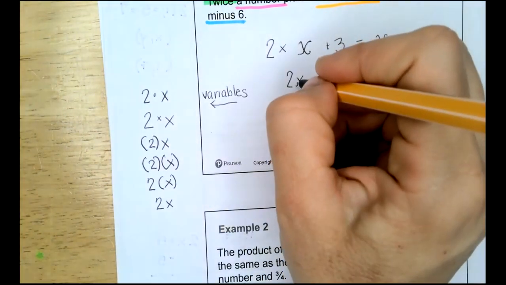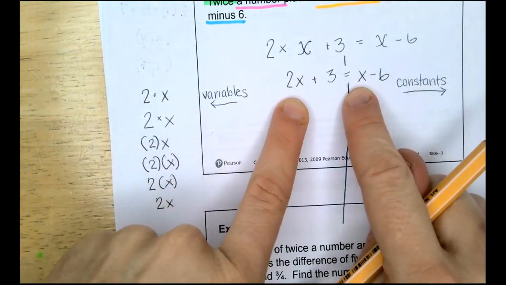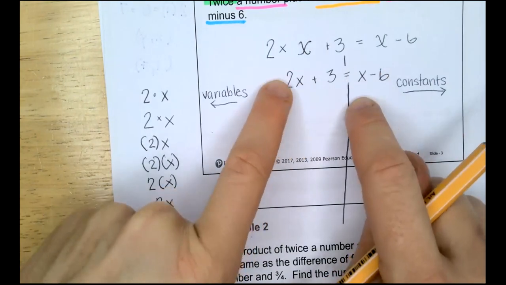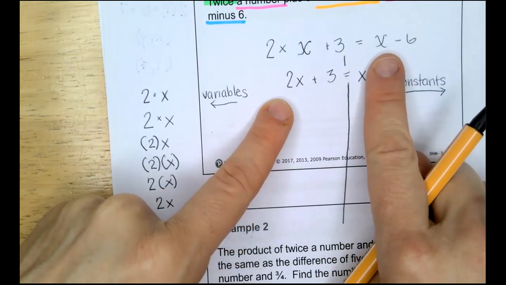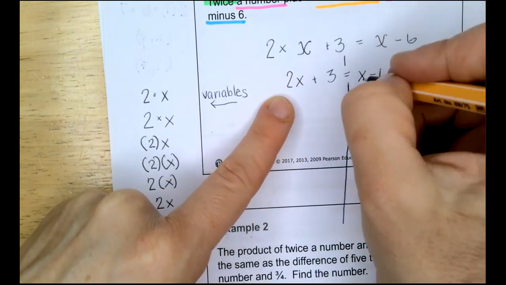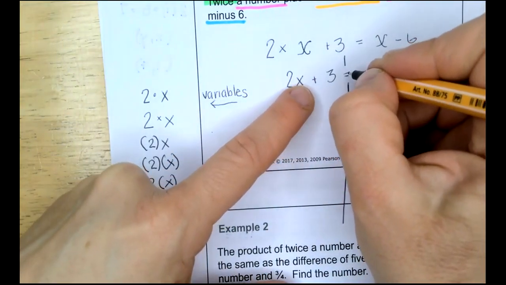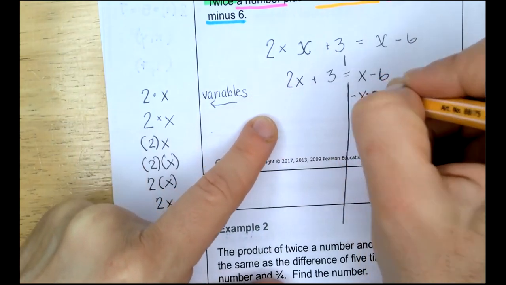So my variable is 2x. I have another variable on this side of the equal sign. It is x. I want to combine these. You can't combine things across the equal sign, right? So I need to move it. There's a difference between just adding them together and moving them. They are separated by an equal sign, so we're going to move it.